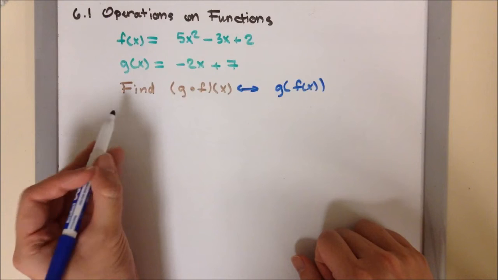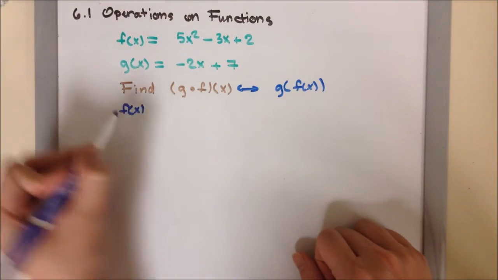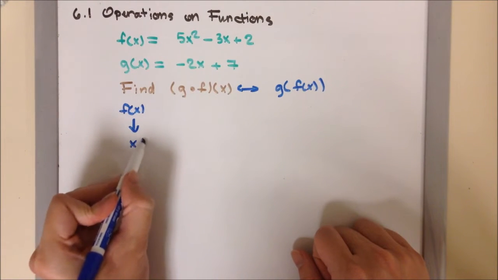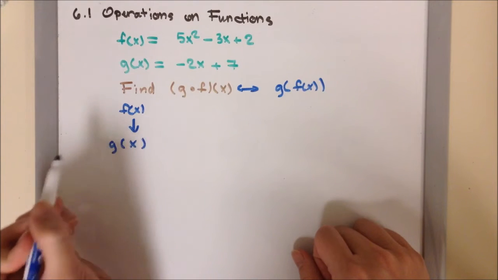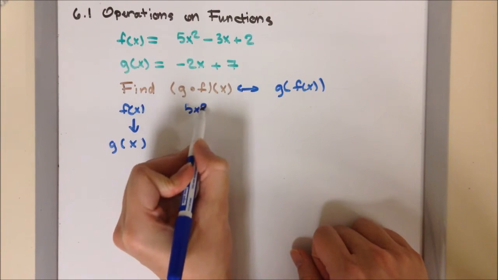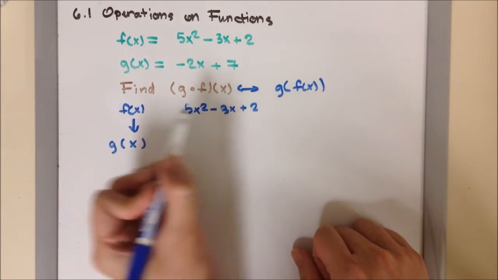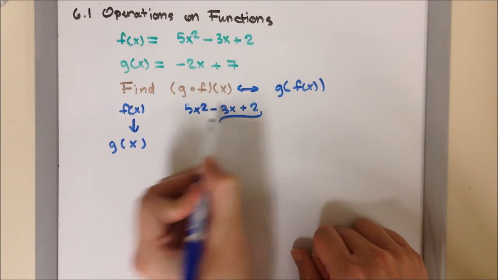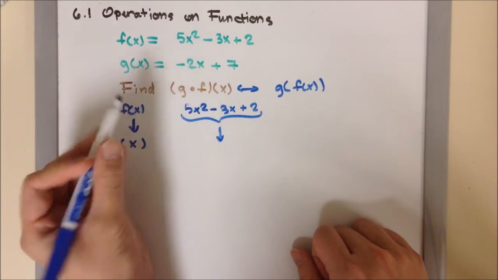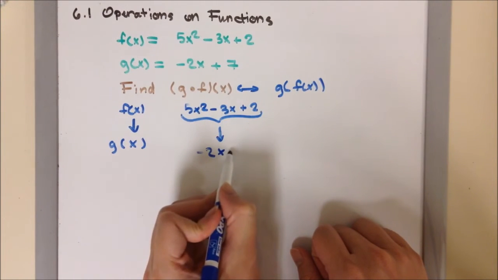So basically, f of x will go into the x of g of x. So basically, my 5x squared minus 3x plus 2 will go inside the x of the equation for g of x, negative 2x plus 7.